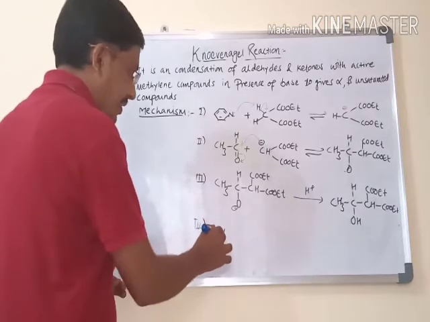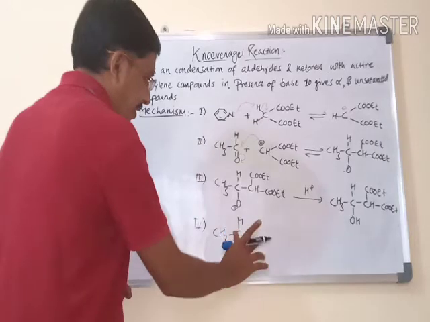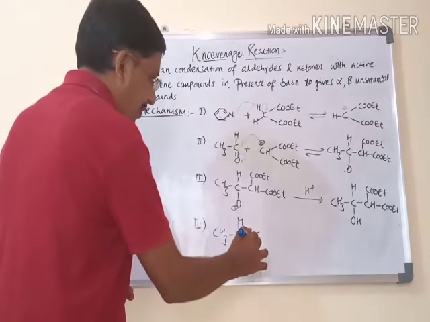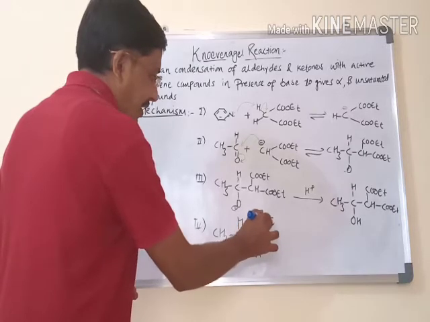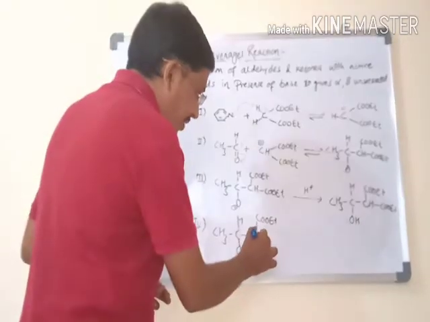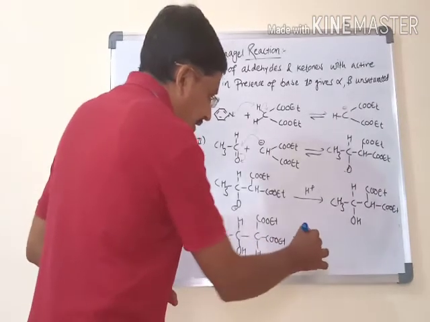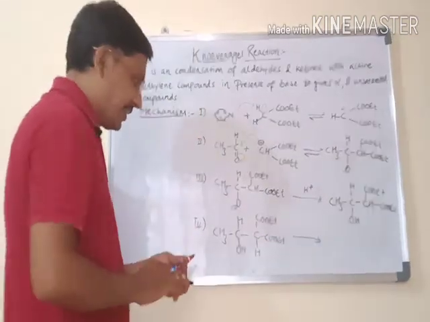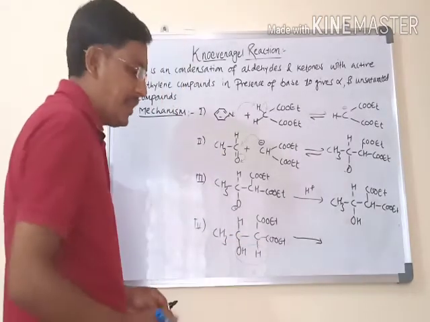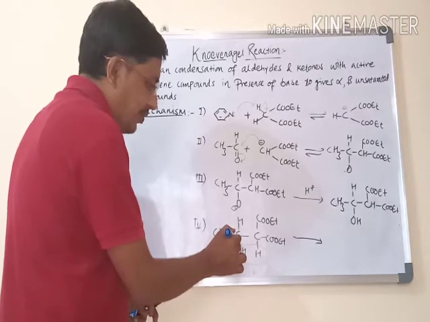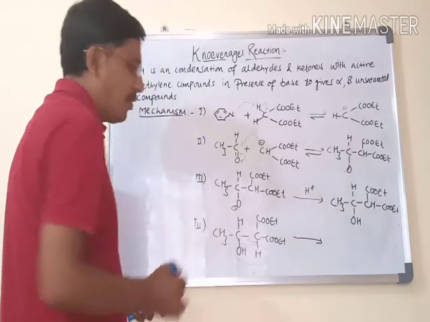CH3CH(OH), and now this carbon having one hydrogen, CH(COOEt)2. Now it undergoes dehydration, that is loss of this water molecule H2O. Then what happens? Here this OH will abstract the electrons and this H will use the electrons to form a double bond.